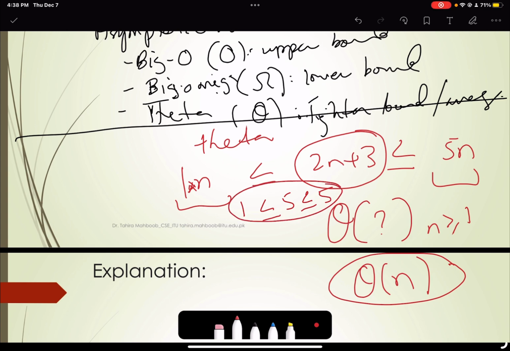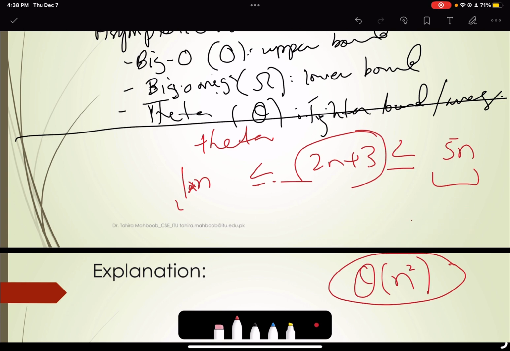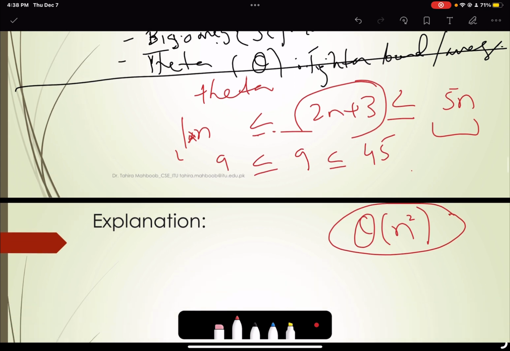However, if we consider the square term, let's see square term 3, if we consider theta n squared, let us see that. 9 is less than or equal to 9, less than or equal to, what about 4?